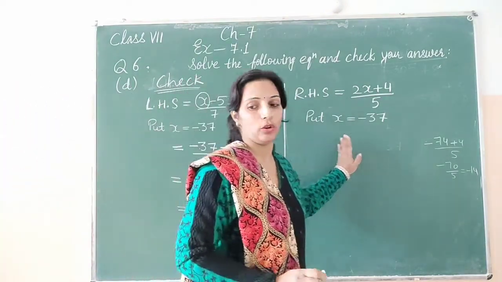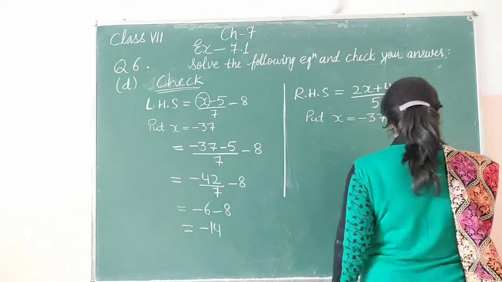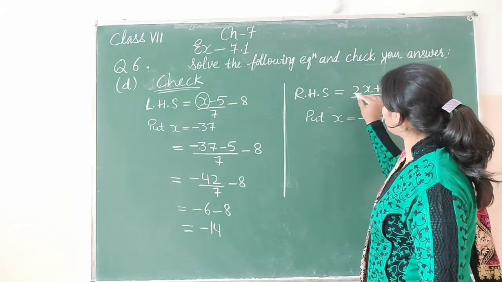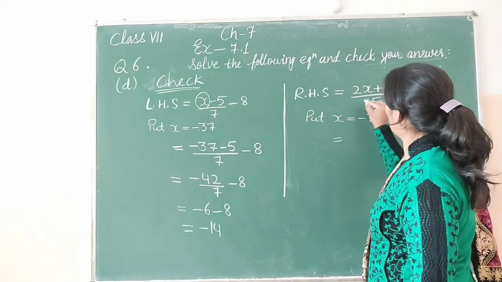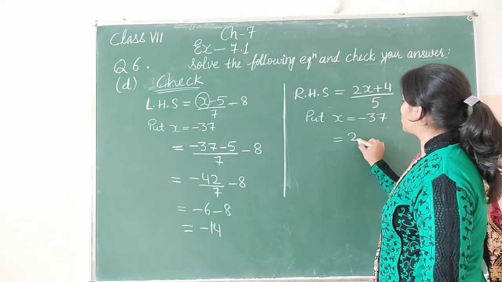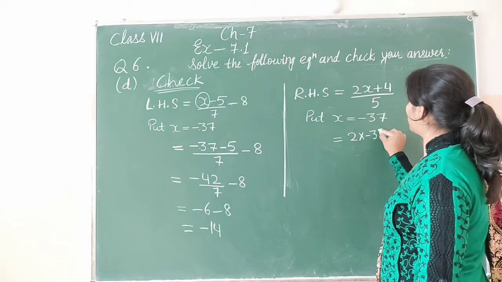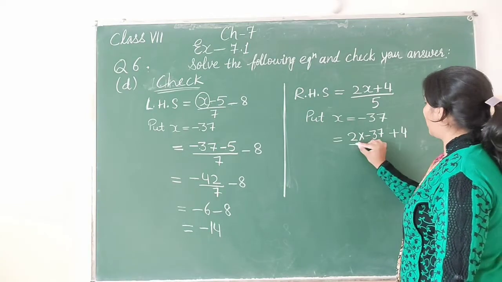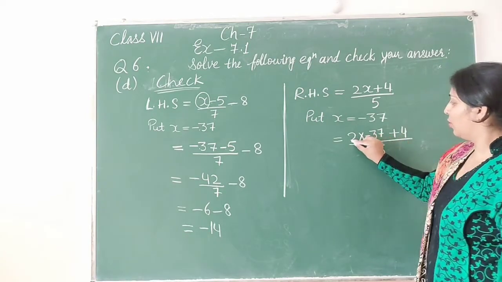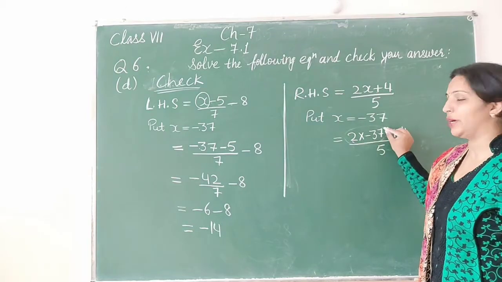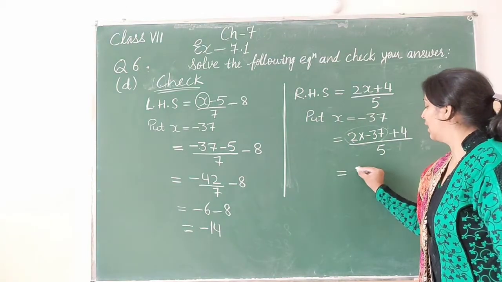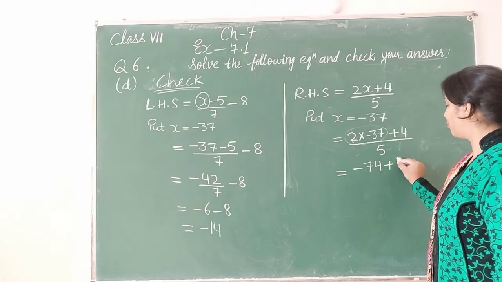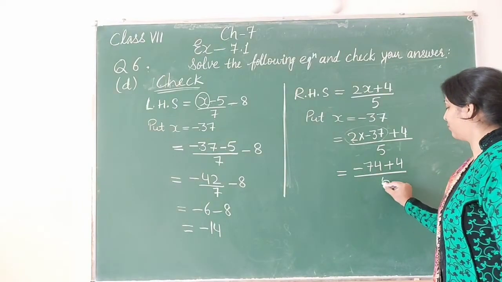Now in right hand side also we will put x is equal to negative 37. 2x means 2 multiplied by negative 37 plus 4 by 5. So firstly we will solve 2x, 2 multiply negative 37, that is negative 74 plus 4 by 5.